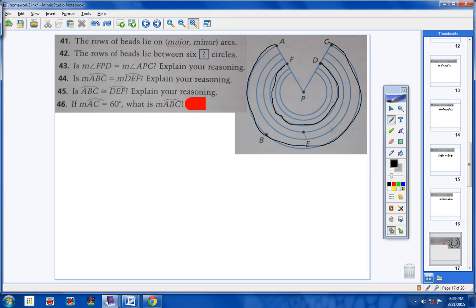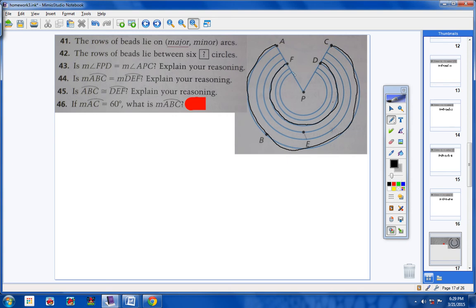Sure, just going from the naked eye, obviously this arc here on the outside is bigger. But let's use some geometry reasons here, okay? Look, arc AC and arc DEF. Watch this carefully, guys.